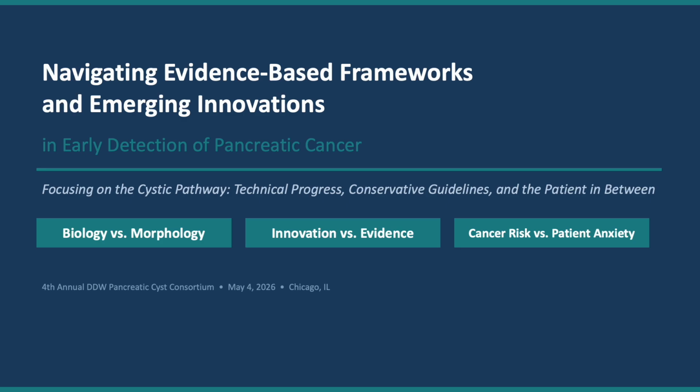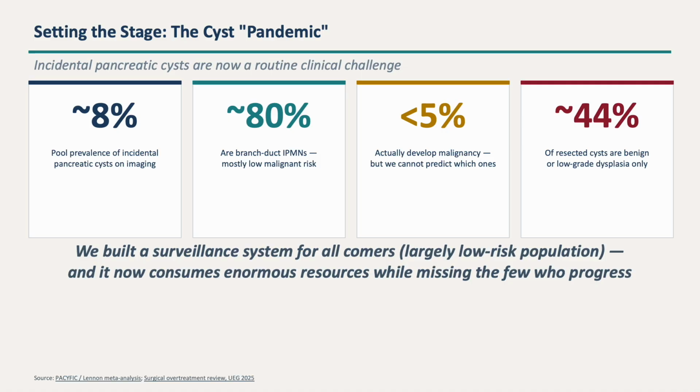So as we all saw, there is a cyst pandemic with 8% prevalence, 80% being branch-duct IPMN, less than 5% actually going on to cancer, and a significant minority of these being cysts that are benign or low-grade dysplasia. We just saw that that's the case.